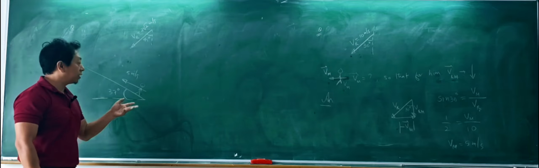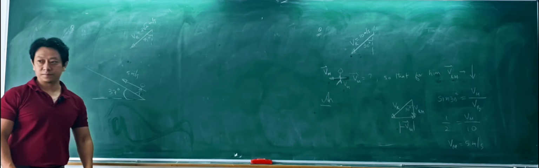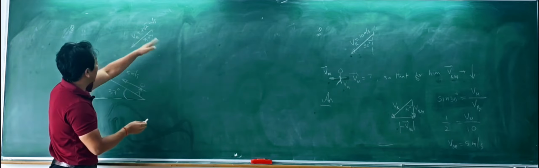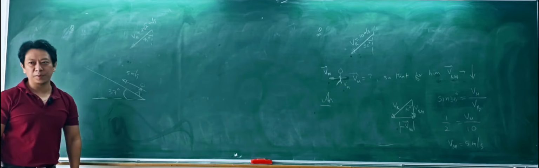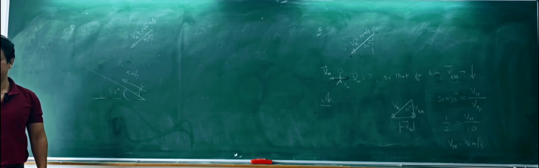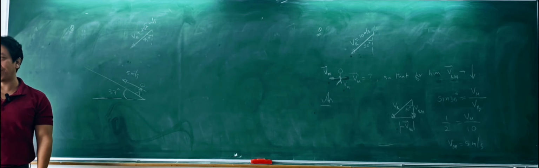You have to ask where he should hold the umbrella. Now directly if you reverse the man's velocity and add, it becomes a little complicated. It won't be a nice right angle triangle, so the angle won't be easy to find.